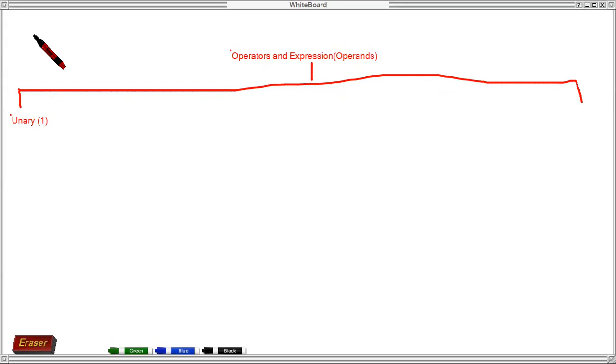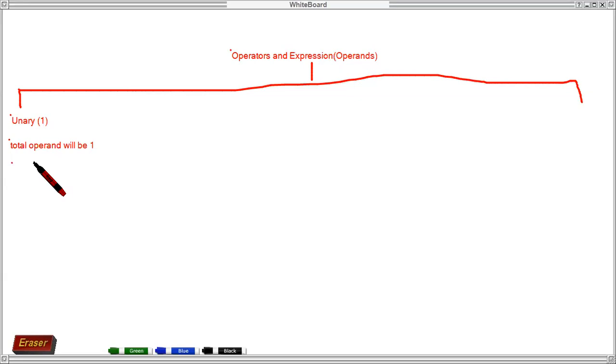That means the total operand will be 1, only then we can term it as a unary operator. So this is just a definition.